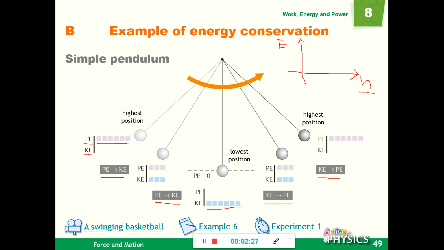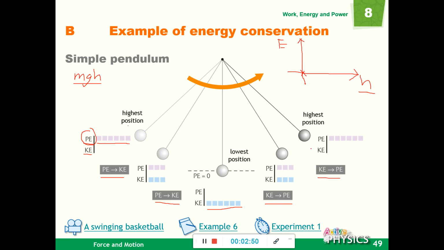When you look at this H, this one should be related to the potential energy. The formula for the potential energy should be mgh. If H is 0, mgh will be 0. So here, H is 0, potential energy will be 0.